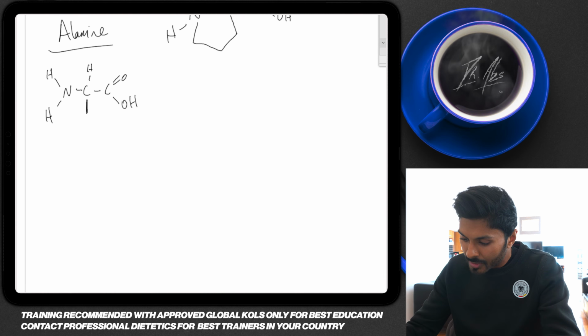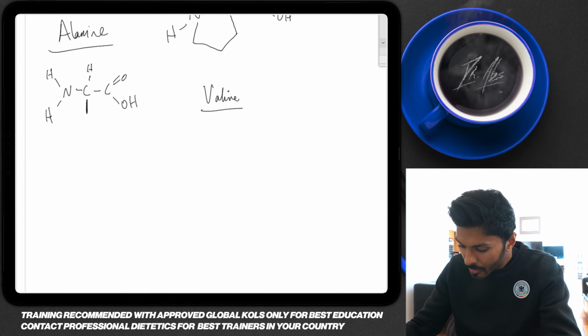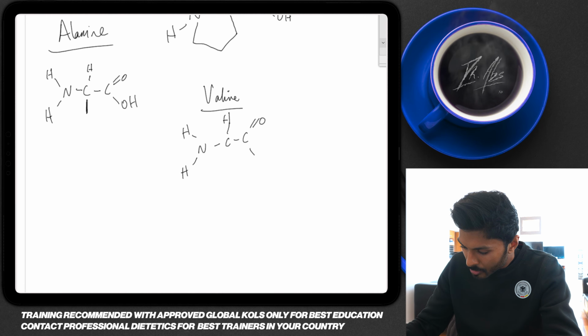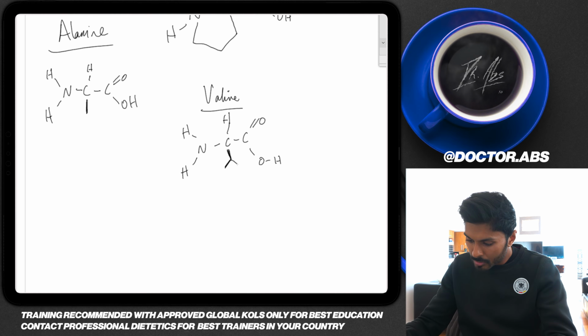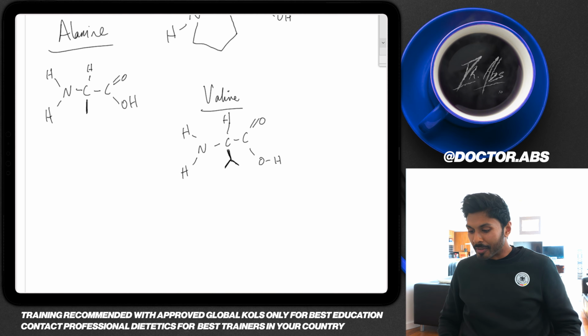So if we look at, let's say, valine, so N-terminus, C, hydrogen, carbon, carboxylate group. Valine is like that, okay? Sorry. It's like this.